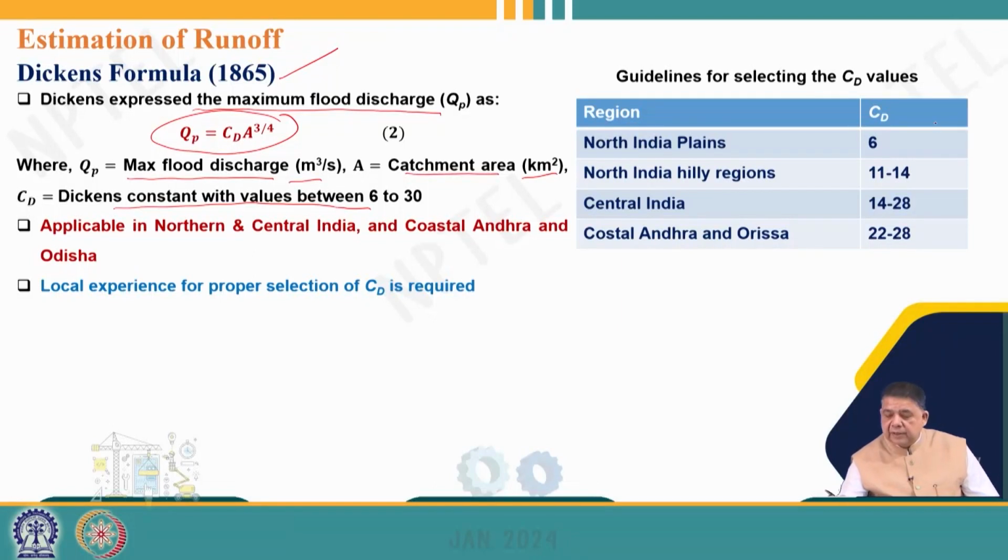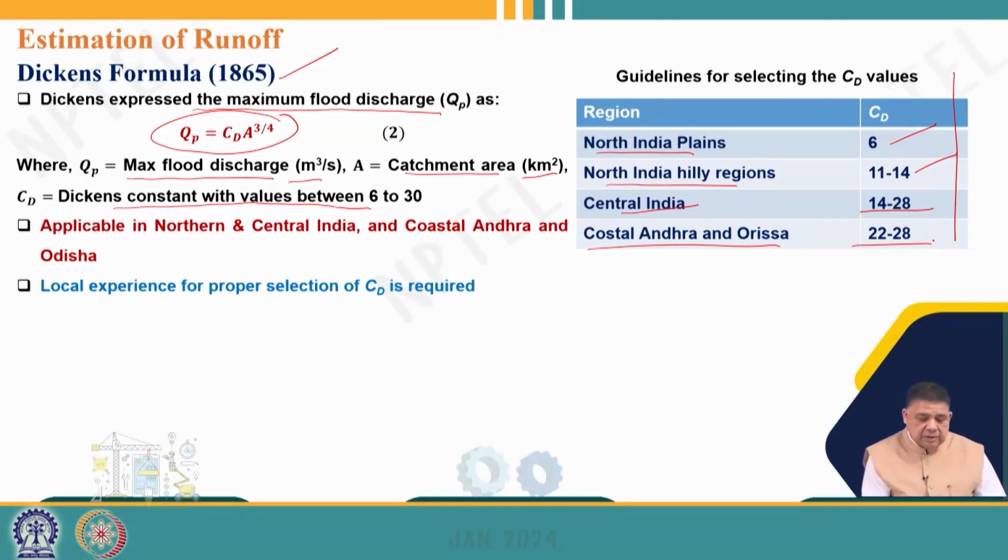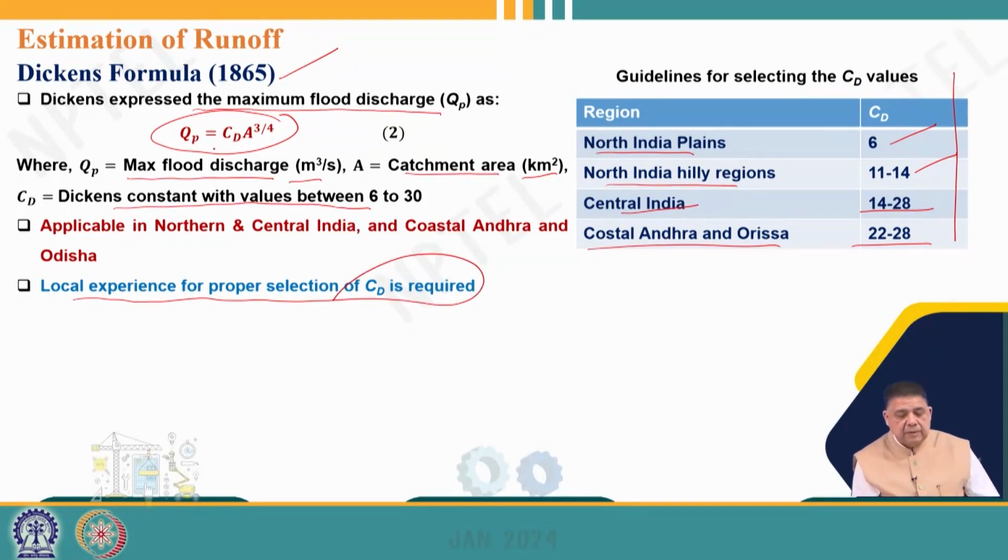And of course, he gave this table of areas for which it is applicable. For the North Indian plains, the CD value is 6, North India hilly regions 11 to 14, Central India 14 to 28, and coastal Andhra and Orissa 22 to 28. Based on local experience, one has to select the CD, and accordingly we can then determine the maximum flood discharge, knowing the catchment area.